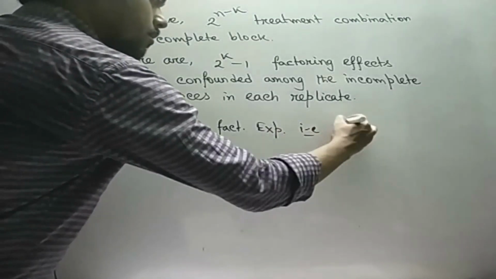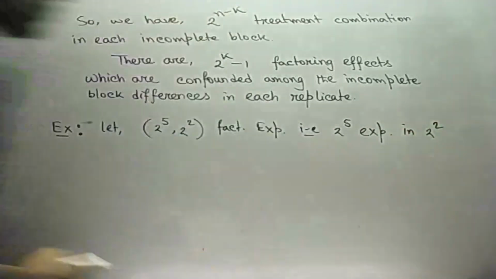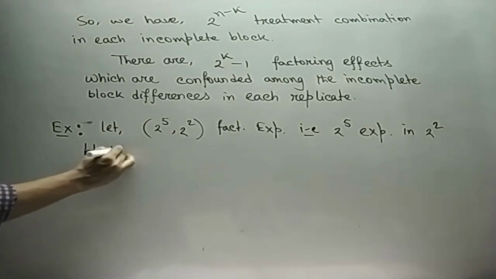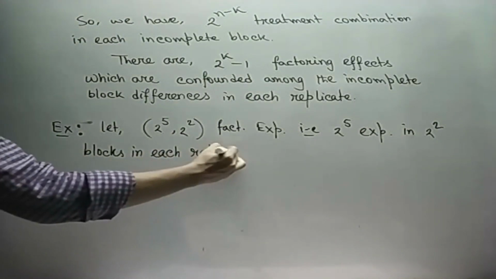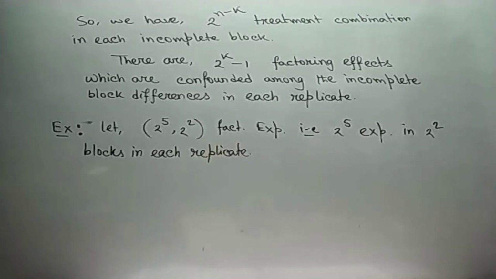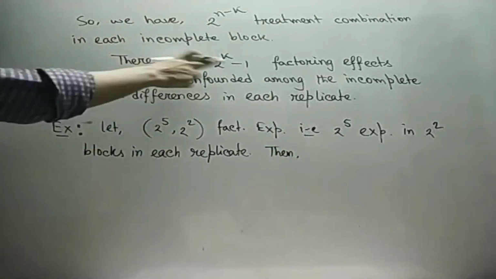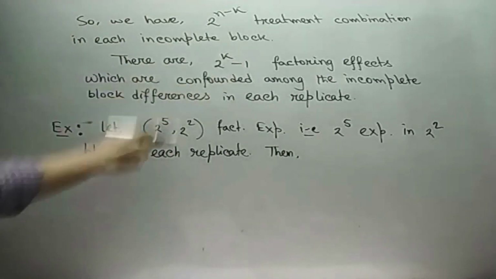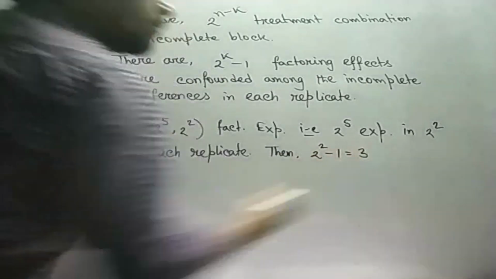That is a 2 to the power 5 experiment in 2 square blocks in each replicate. Then we have just proved that this is 2 to the power k, so 2 to the power k minus 1, that means 2 square minus 1, which is 3.